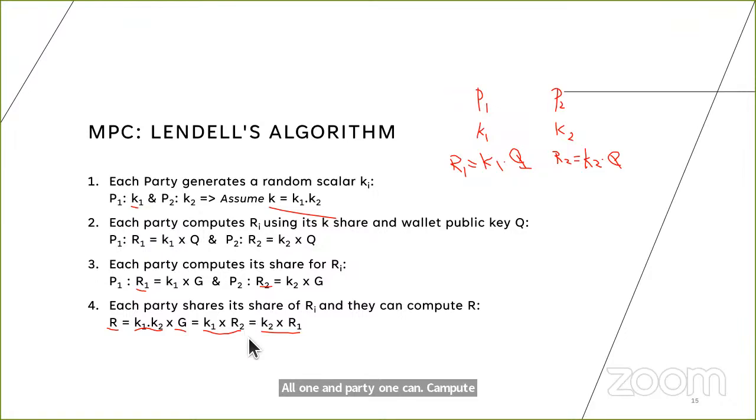Okay. So till now, each party knows the R parameter of the signature. So what about the S parameter?